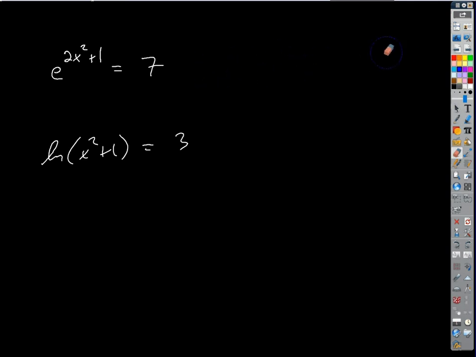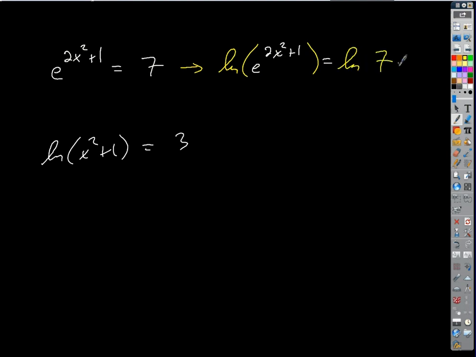How do I undo an exponential? You take the ln of both sides. I end up with the natural log of e to the 2x squared plus 1 equals the natural log of 7.